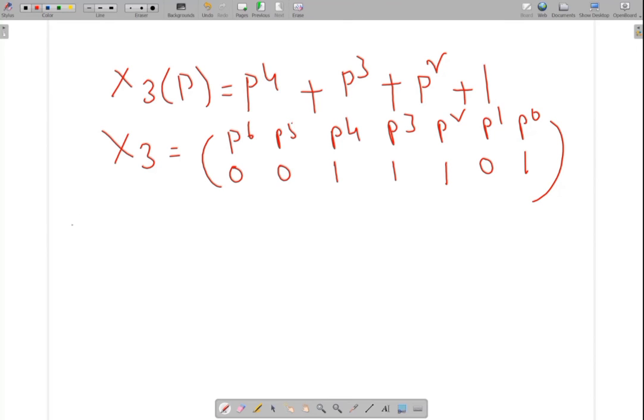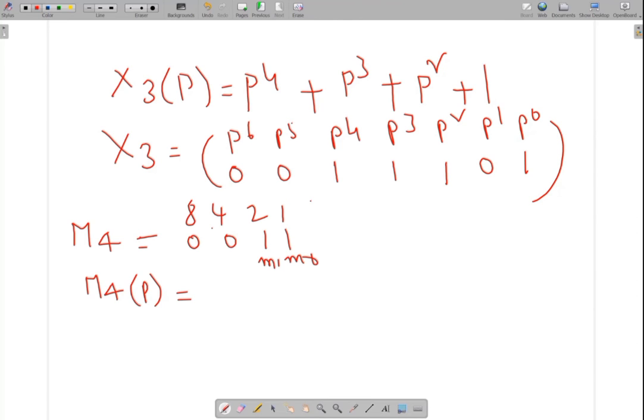And next one, M4 is equal to, M4 1 2 4 8, that is 0 0 1 1. M4 of P is equal to here M0, M1, M2, M3.